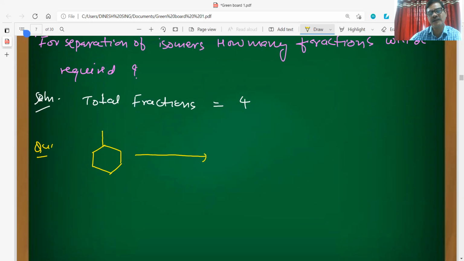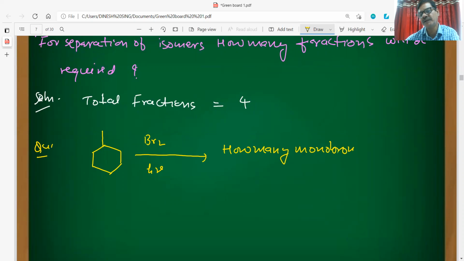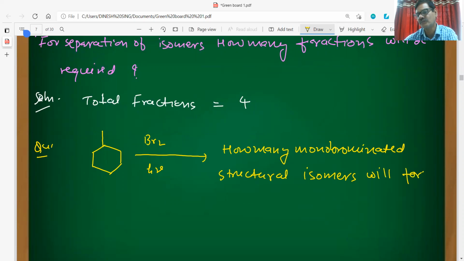On monobromination with Br2 and light, how many monobrominated structural isomers will form in this reaction?